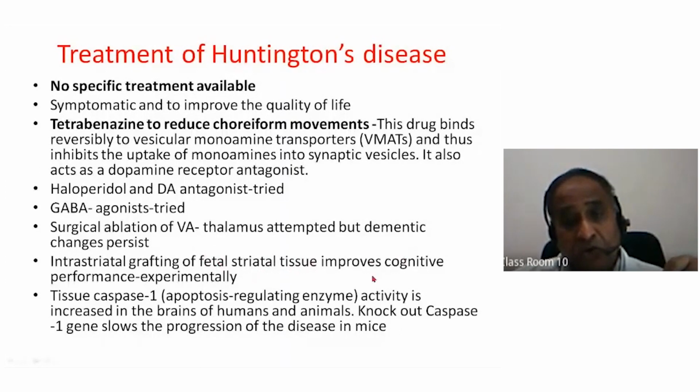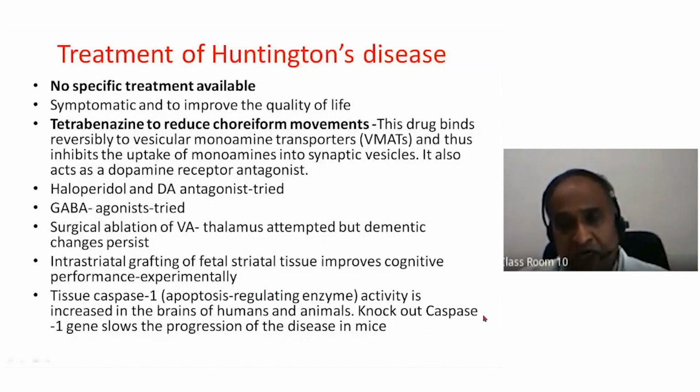This was to improve cognitive performance experimentally, but it is still in the experimental stage. There are other experimental approaches wherein caspase 1, which prevents apoptosis, the apoptotic regulating enzyme, has been tried in the brains of humans and animals.